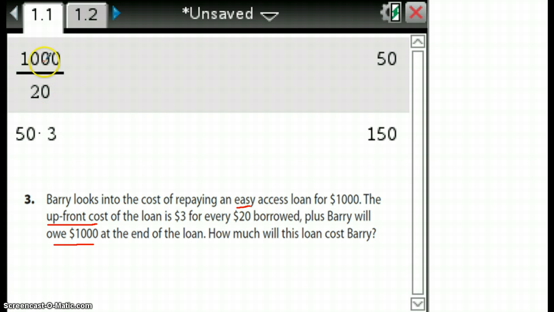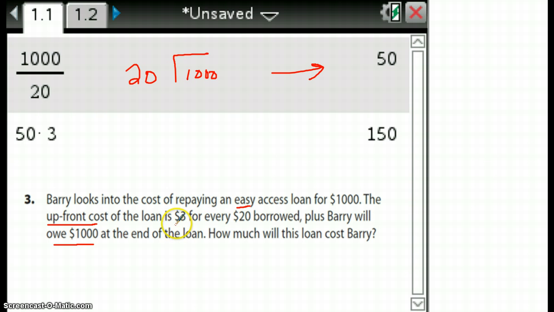So I will divide 20 into 1,000, and that gives me 50. So there are 50 20s inside of 1,000.